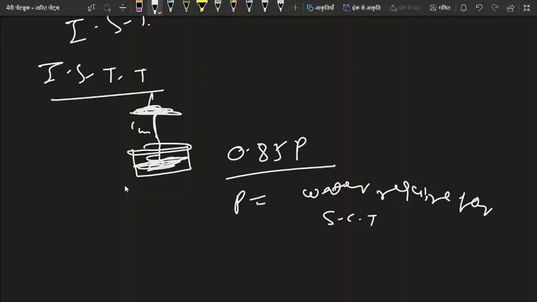The time difference from the mixing of water to when the cement loses its plasticity is called the initial setting time. Basically, for cement like OPC, the initial setting time is not less than 30 minutes.